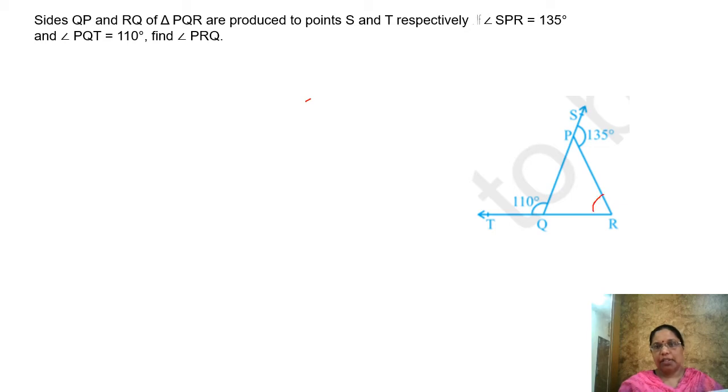So what will be this angle, children? Angle PQR. Angle PQR plus angle PQT should be equal to 180. Why? I am talking about these two angles, 110 and this question mark that I have put. These two angles should add up to 180 degrees. Why? They are a linear pair.